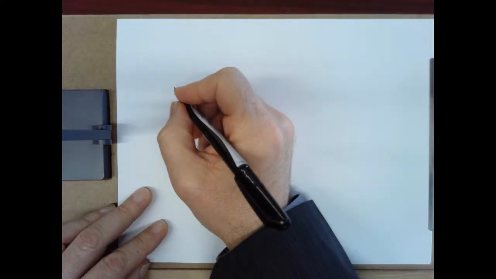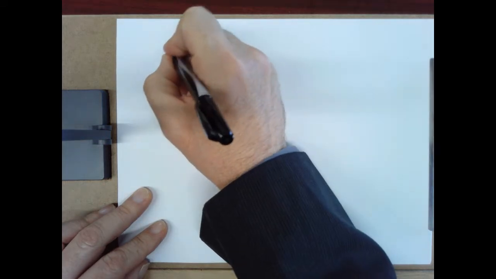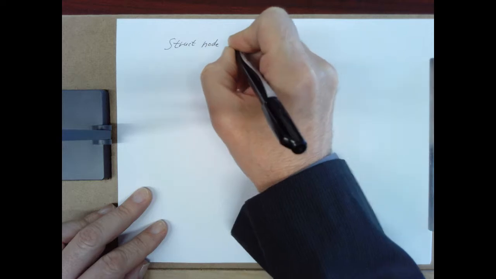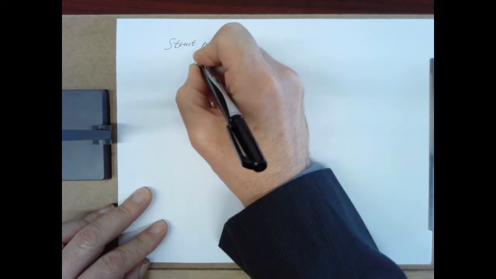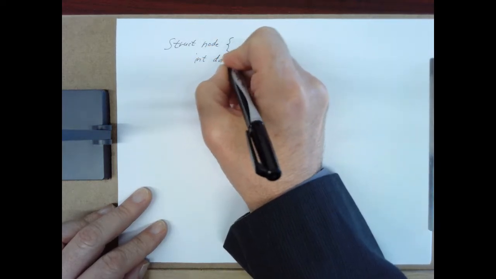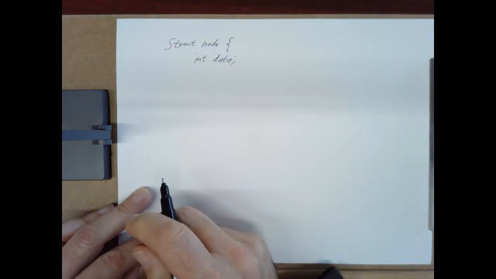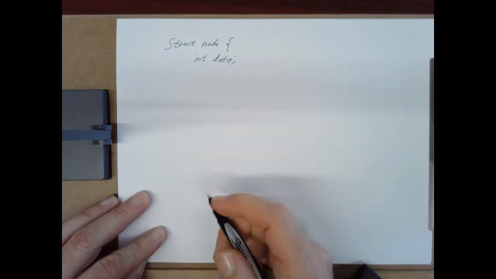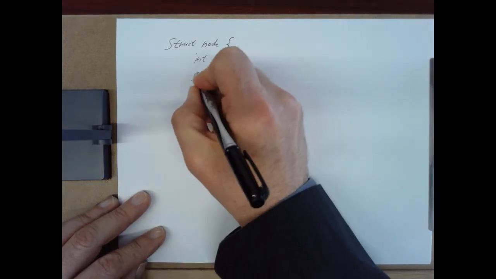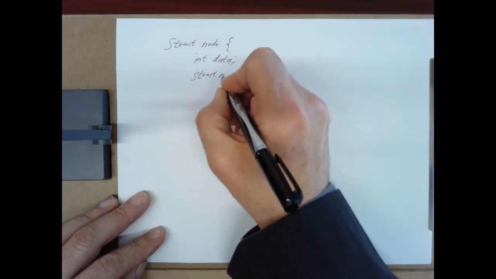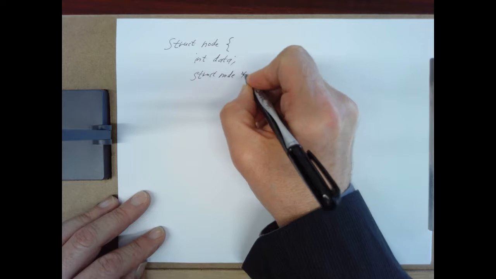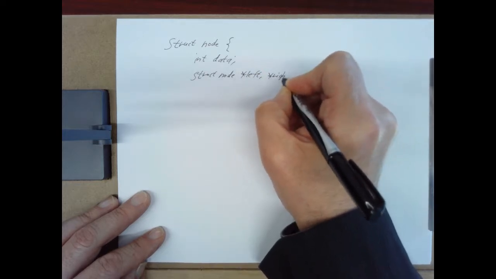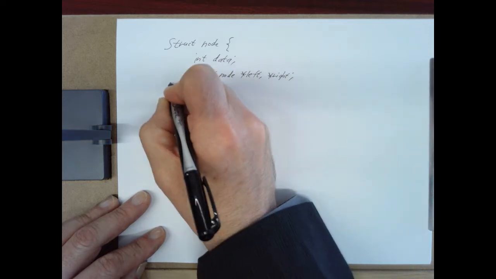So let's look at implementation. What does our node look like? It's got a piece of data. We'll stick with integers, but it could be anything that we can compare. And it's got a pair of pointers.